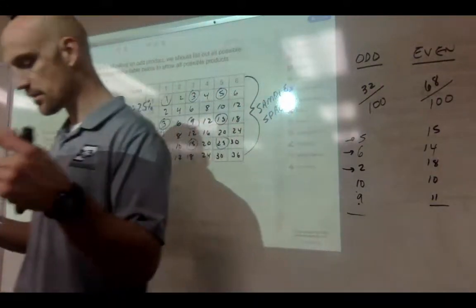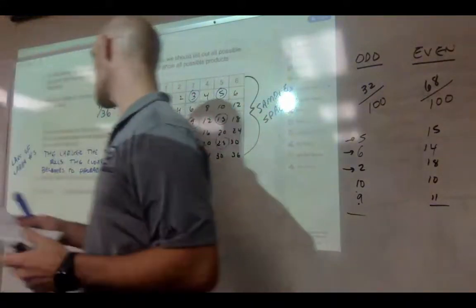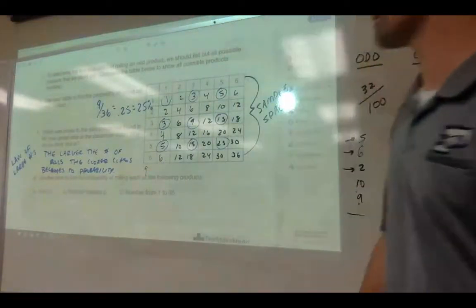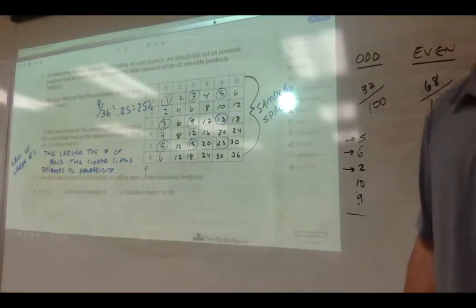Okay, I'd like for you to complete number 6, A, B, and C. So what you're going to do is you're going to use the table to find the probability of rolling each of the following products.